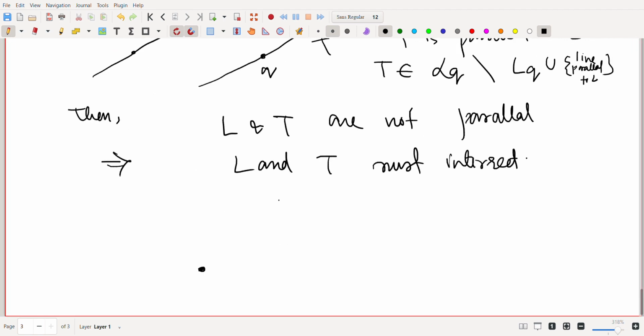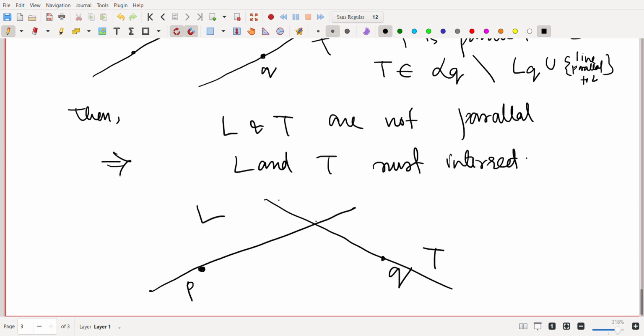So say this is P, this is Q, here this was L, here this was T. That means they must intersect at some point A. And observe that since this L belongs to script LP minus capital LP, all the points on this line are in R2 minus A. Similarly, all the points on this line are also in R2 minus A.